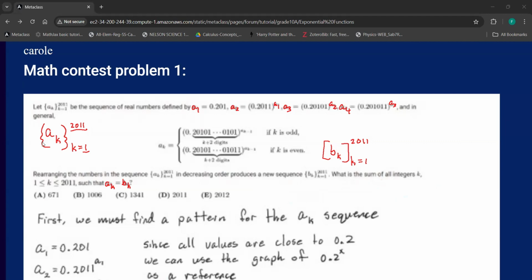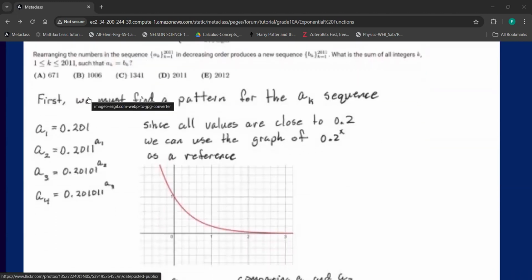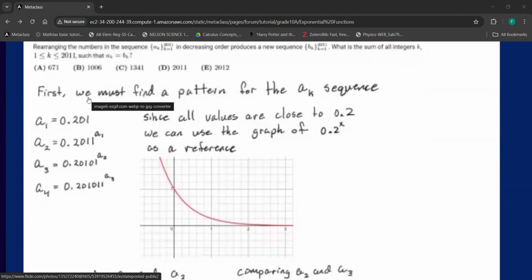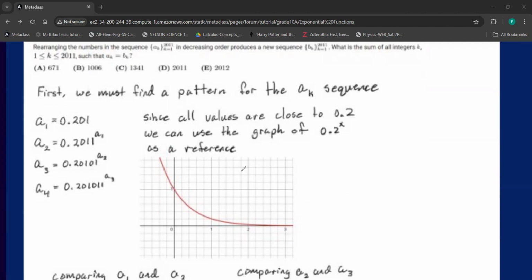And just to give you guys a hint as to how to do the question, you're going to be using this graph over here. This graph is f of x is equal to 0.2 to the power of x.